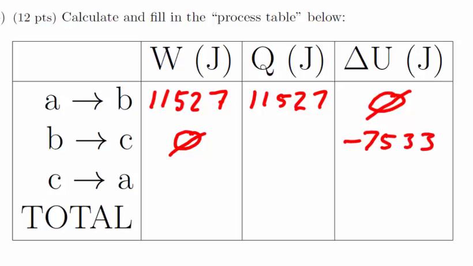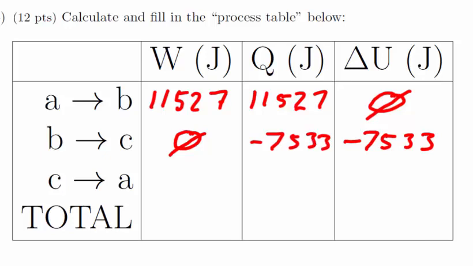Now that we have 2 out of 3 quantities in the process B goes to C, we're able to get the third by referencing the first law of thermodynamics, which says that when W is 0, delta U is equal to Q, so that we have a negative 7533 joules also for the heat.